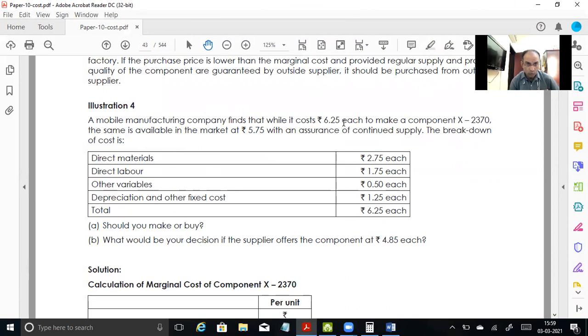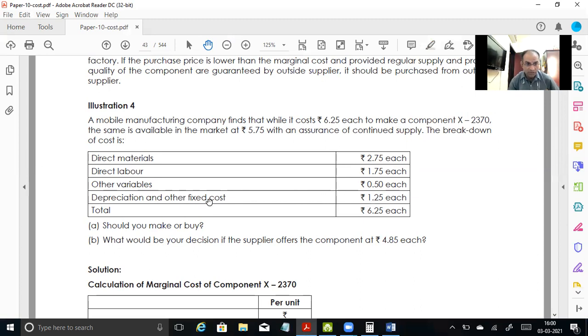Okay. So here they have given you direct material is 2.75. Direct labor is 1.75. Other variable overheads are 0.50. Depreciation and other fixed cost is 1.25. So see here, the fixed cost has been included. That is the thing we have to exclude. And then we will check how much cost comes.